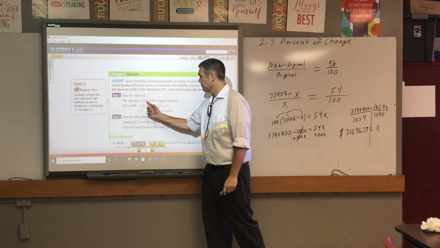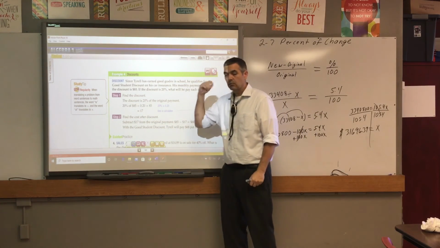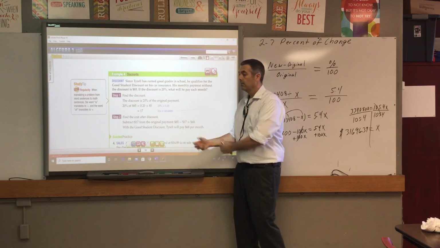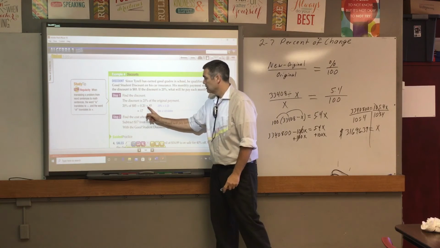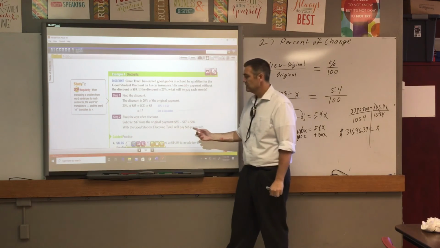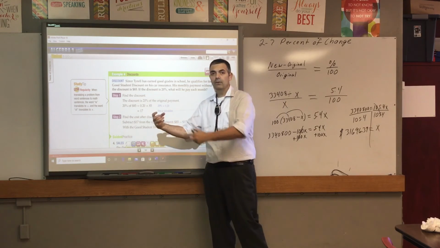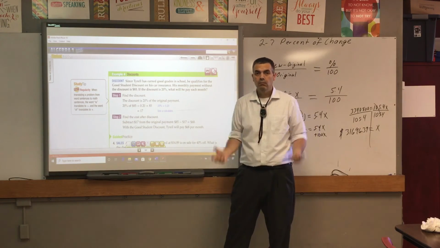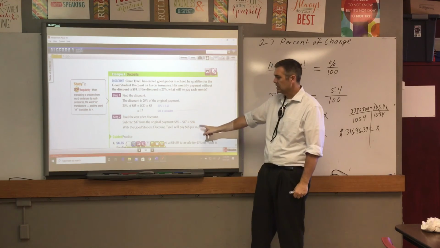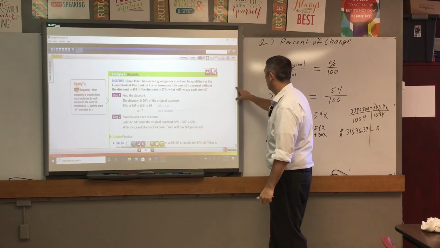So the discount is 20% of the original payment. So take 20%, multiply it times 85, that'll be your discount. So 0.2 times 85 gets you 17. And then if you want to find the cost after discount, you take the 85, you subtract out the 17, you have your total cost. And that's what they did here. 85 minus 17 equals 68, and you're good. Okay?